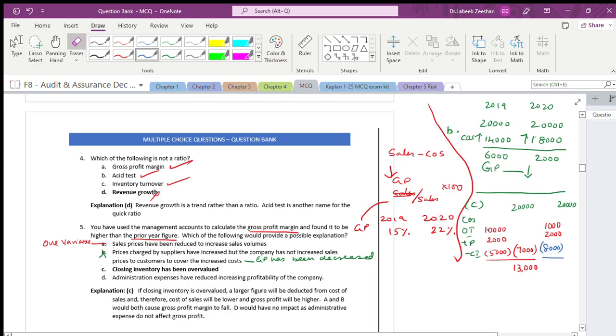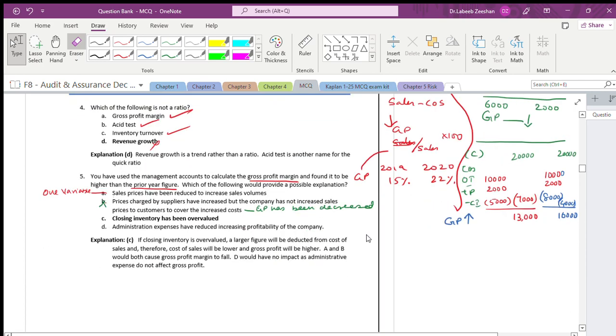Now what happens? 12,000 minus 8,000, it comes to 4,000. The gross profit will be 20 minus 4, it comes to 16,000. Here the gross profit has been increased.